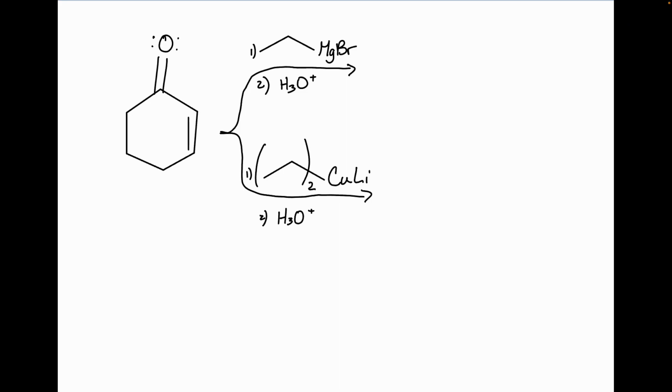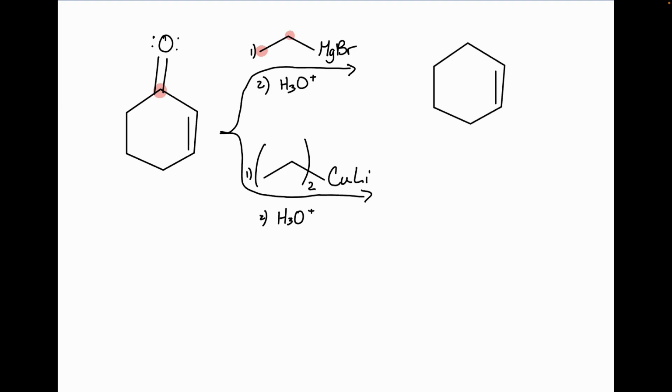Okay, but importantly, our Grignard reagent will have our two carbons attached to the carbonyl carbon in our molecule. All right, and so when it reacts with that carbonyl carbon, what's going to be my functional group at the end here?